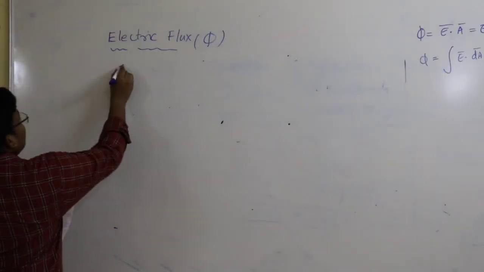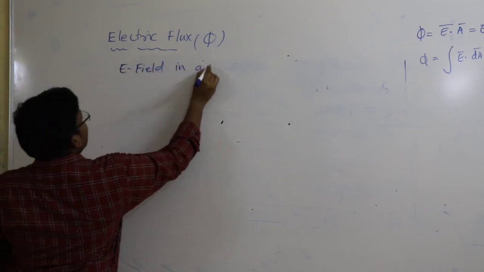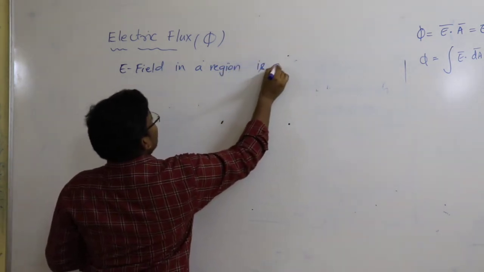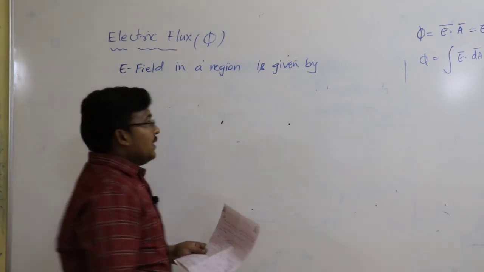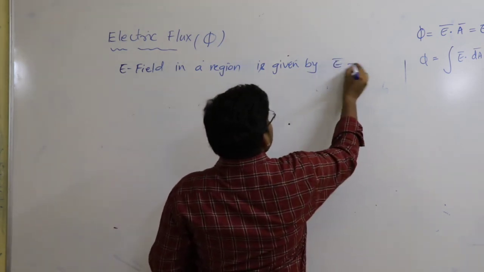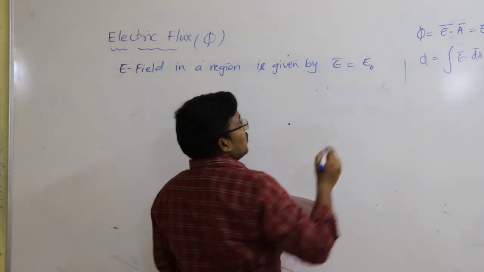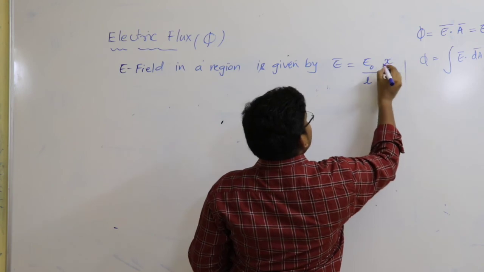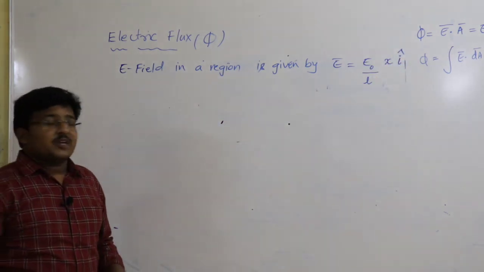For example, the electric field in a region is given by E bar is equal to E naught by L into X I cap. What does it mean?